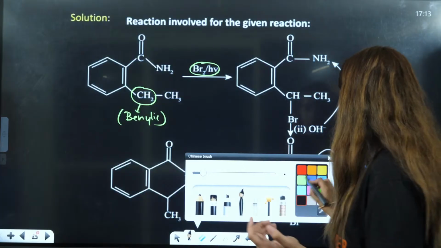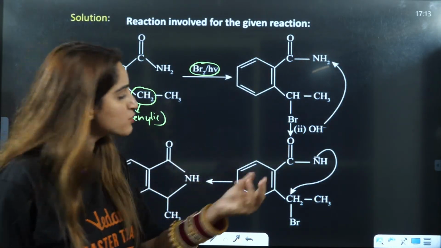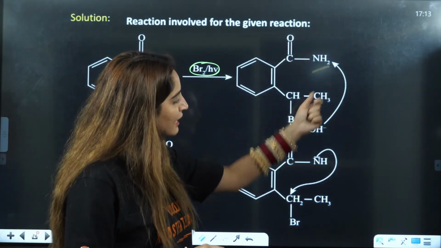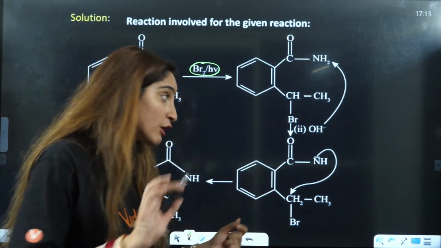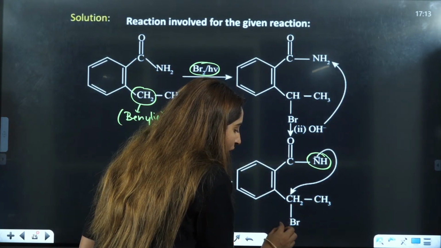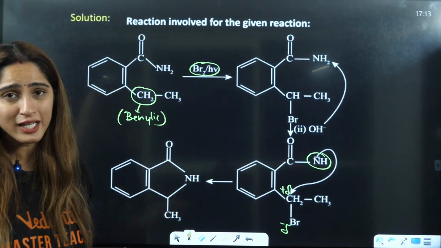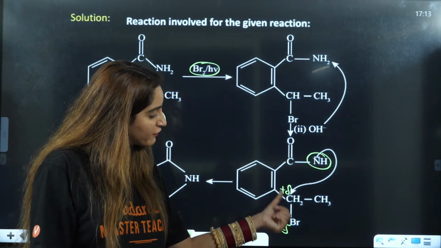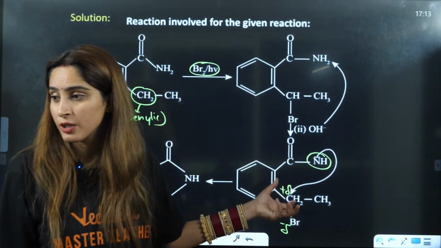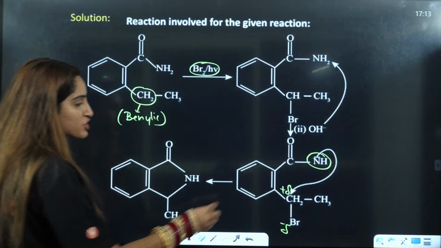After this NH negative, what is the work of a base? To abstract the proton, right? So it is going to abstract the proton, and this will be NH negative. Now, if you see this very carefully, this is NH negative. This is partially negative. This is partially positive, right? Because of electronegativity, it will develop a partial positive charge, and hence this is going to attach here, a ring formation.